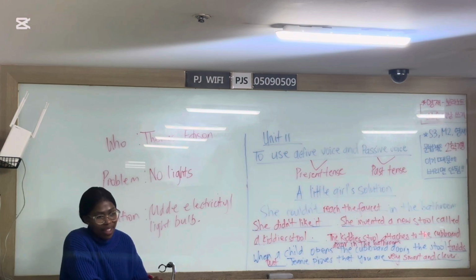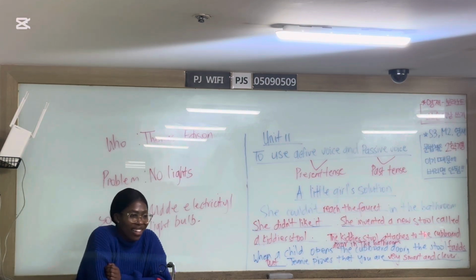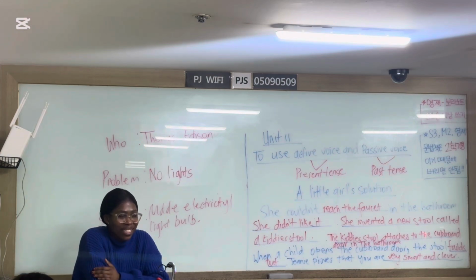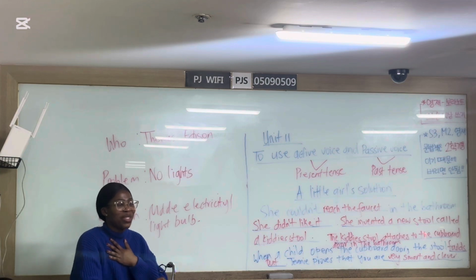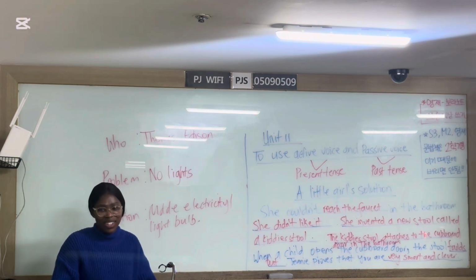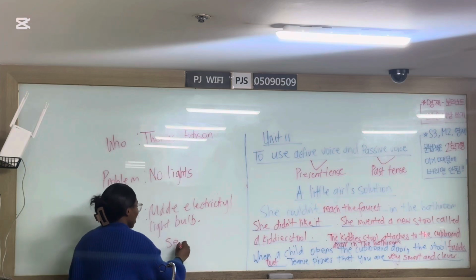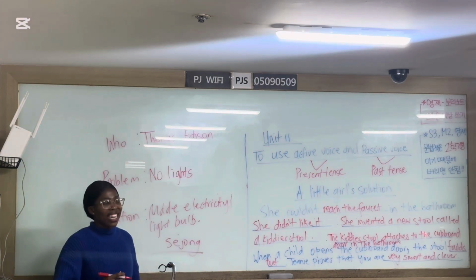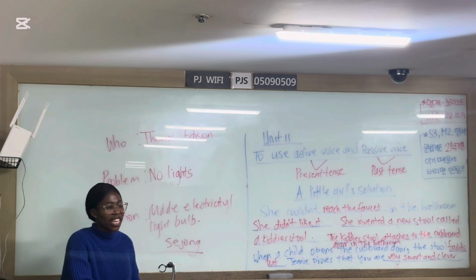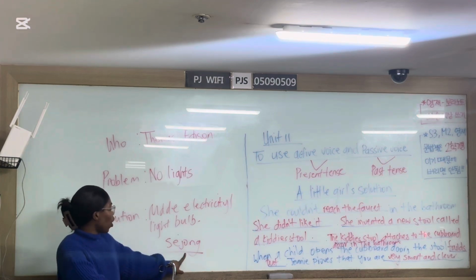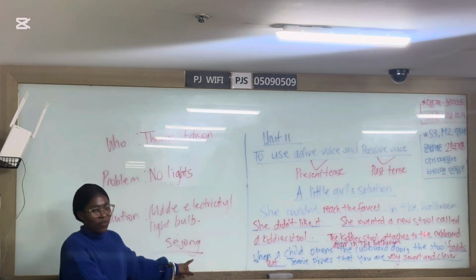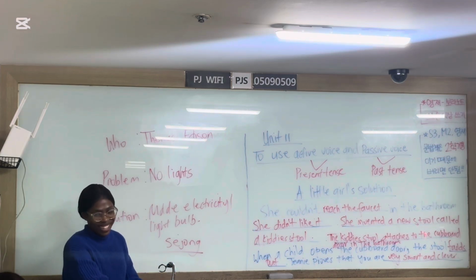What's the name? Who do you want to write about? Okay, I don't know how to spell it, but you can write it anyhow. Try to. Sejong. Okay, you can write it anyhow. Try to change it into English. I don't really know how to, but Sejong is like this. Yes. Try to translate it into English.